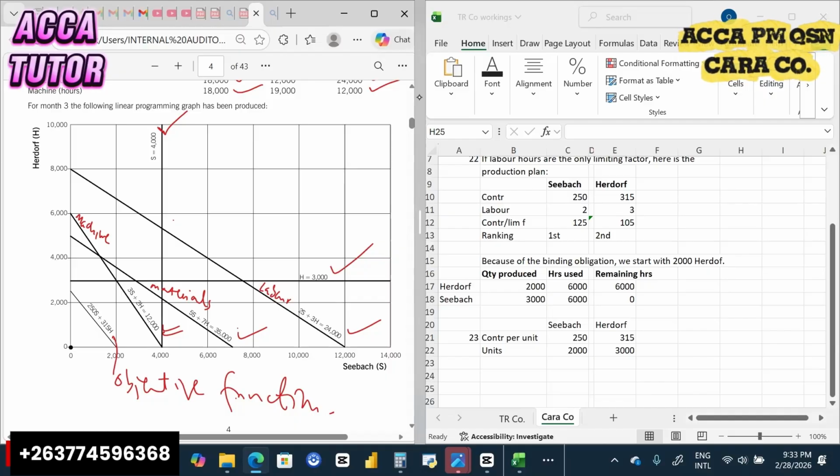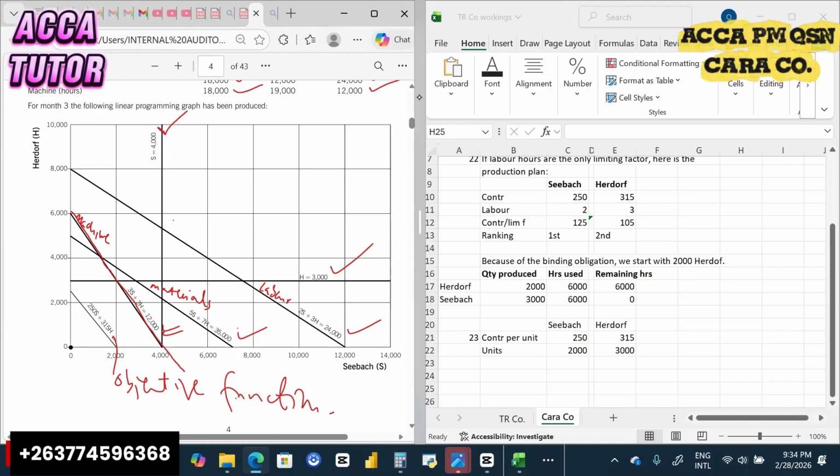You can see that this line is actually bordering the feasible region. So it means that resource has been consumed. The hours for machines are all consumed in month 3. But labor, you can see, is outside, far away from the feasible region.